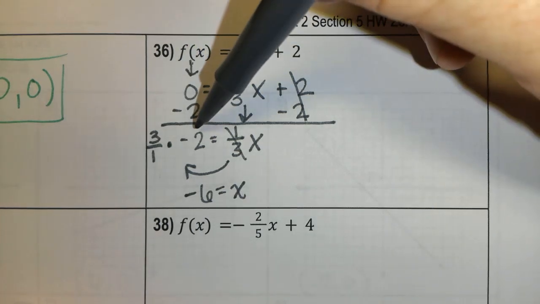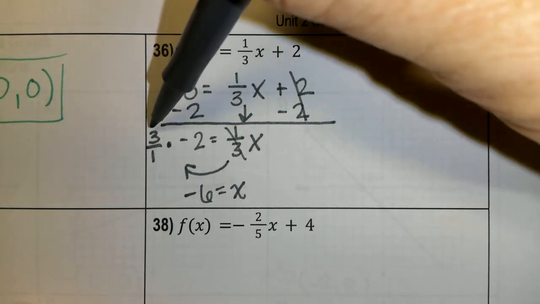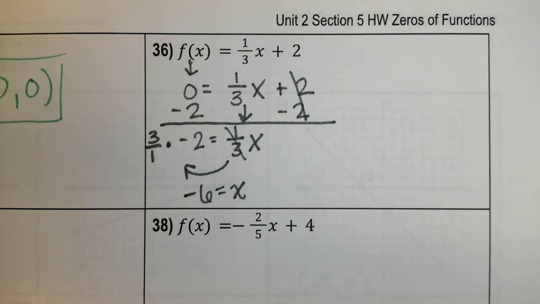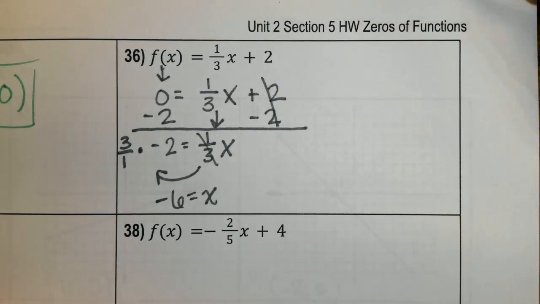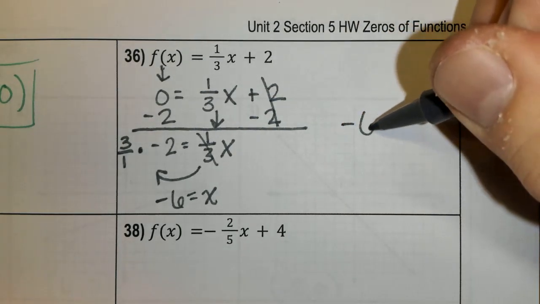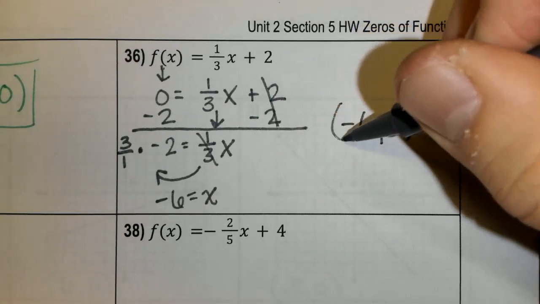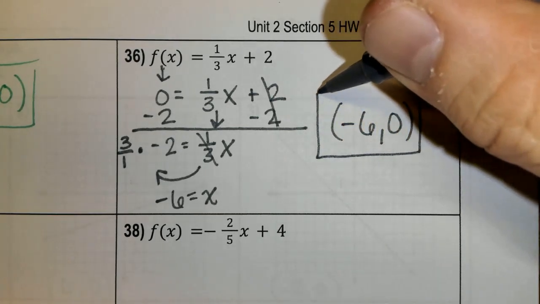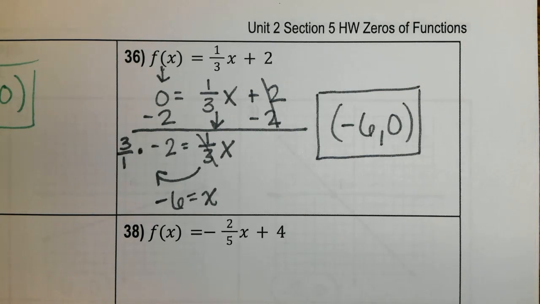So you start with the whole number, multiply by the top, divide by the bottom, and then you don't need a calculator. Because x is negative 6, my answer is (-6, 0). And I'm done. On to the next one.